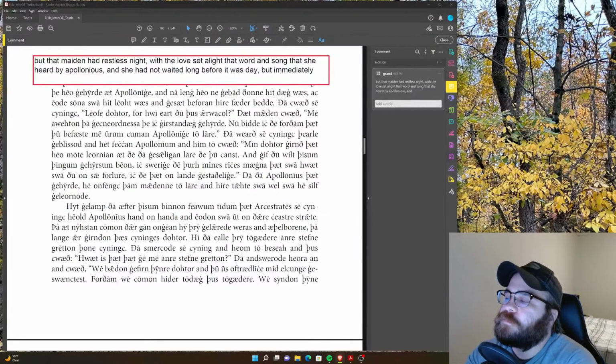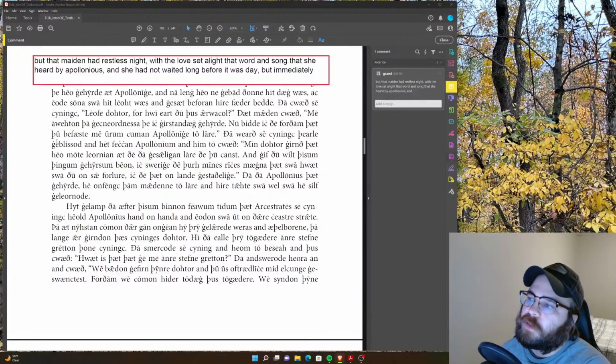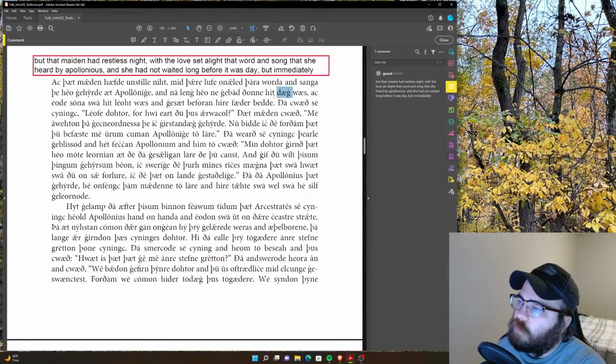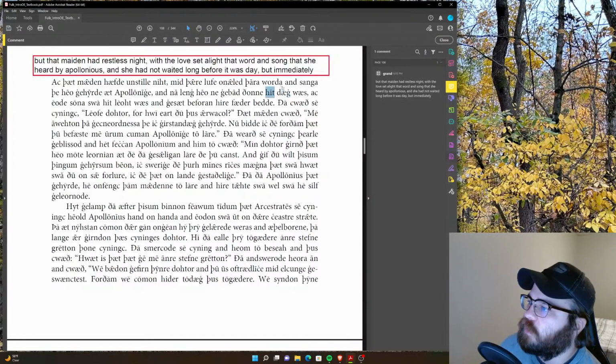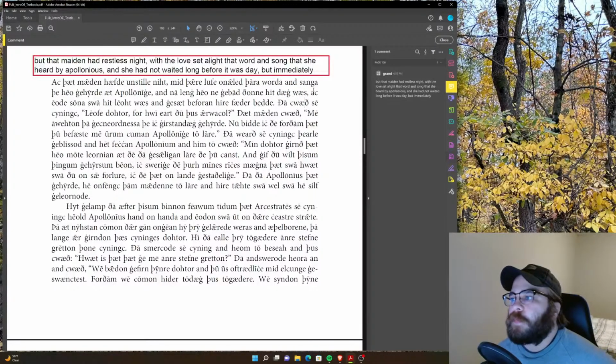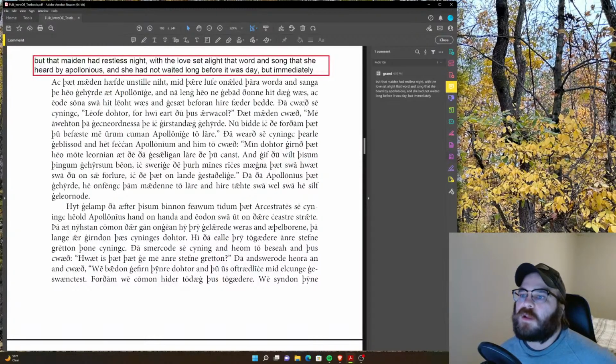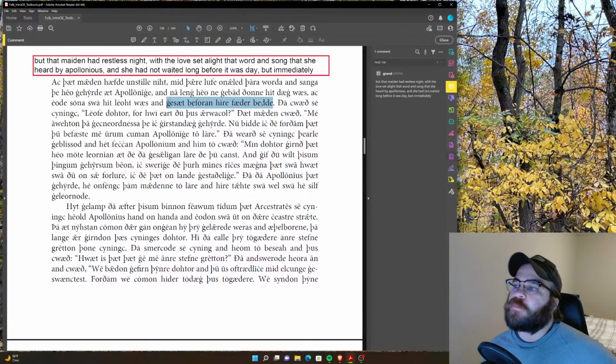So what went? We have but, day, maybe? This is either accusative or the nominative case, but I think it's the accusative case because heat was day. So let's look at this. But ak eod sona swahit leot pas on jesat before an hierafar better.